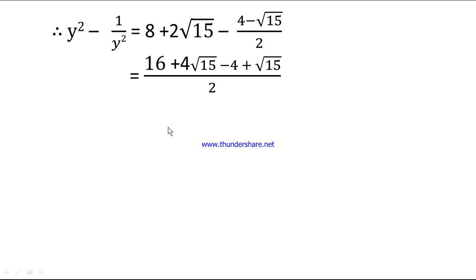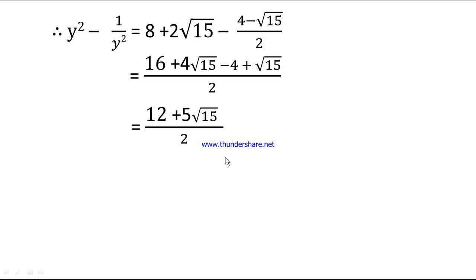And in the next line, here I have subtracted 4 from 16, and the result is 12, and here 4 root 15 and root 15 make 5 root 15 by 2.